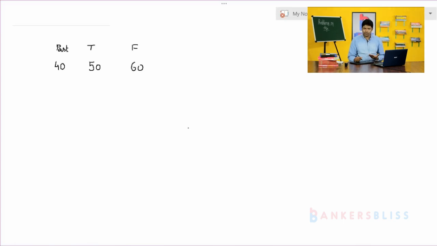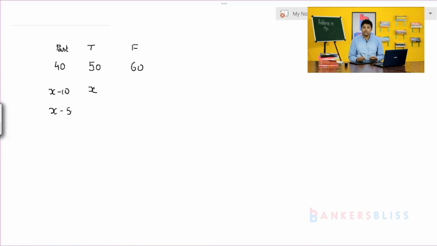Usually while solving, you consider the present age as x. It's your convenience, you may take any variable. So 10 years ago means x minus 10. Next, 5 years ago, x minus 5.